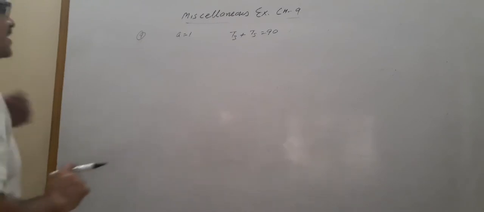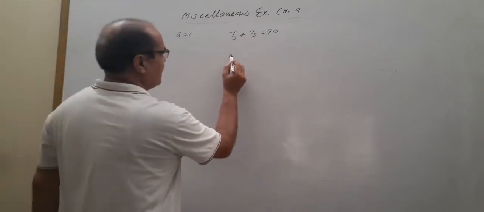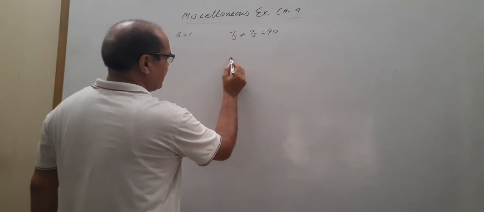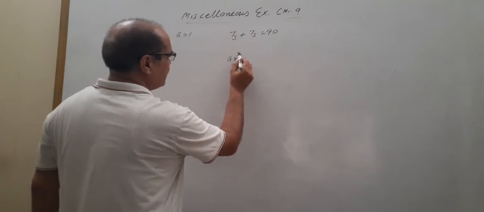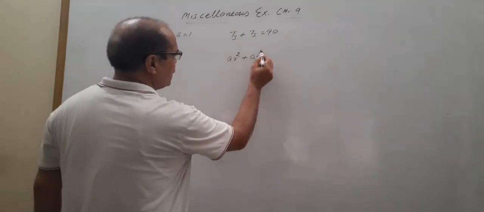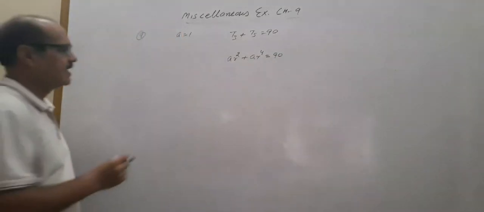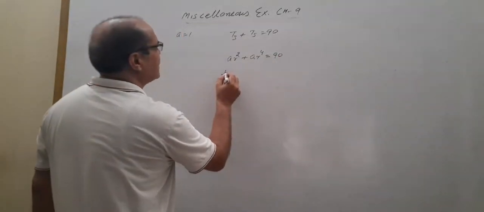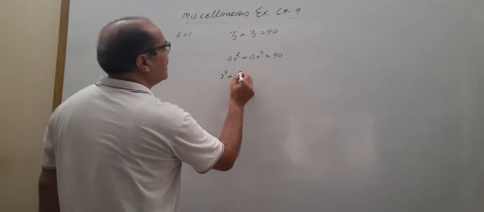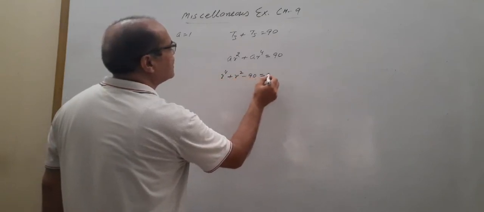It says find the common ratio, means you have to find r. What is the meaning of this? That is T3 means a r square, and this plus a r power 4 is equal to 90. And students, you see a is given, so this can be written as r power 4 plus r square minus 90 is equal to 0.